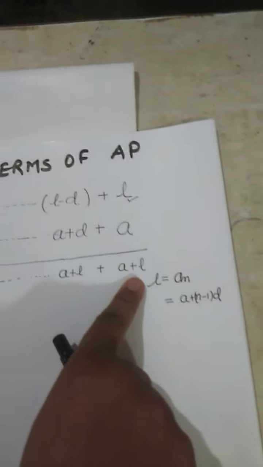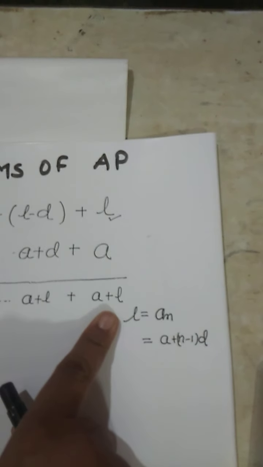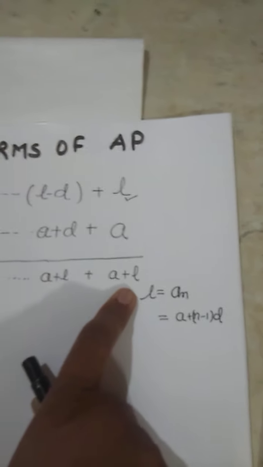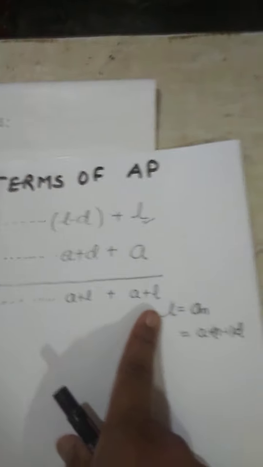Now if we add here, what happens? 1, 2, 3, 4, 5, 6, but I don't know the last value. Maybe this last value is 100.